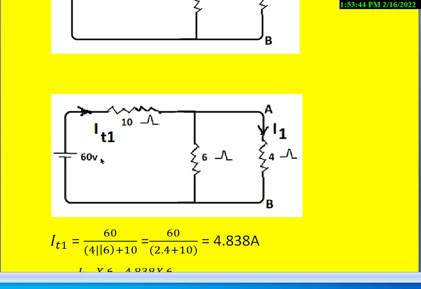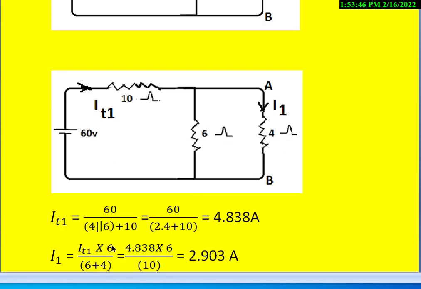That is nothing but 60 divided by 4 in parallel with 6, and that combination is in series with the 10. So once we simplify 4 in parallel with 6, we get 2.4 plus 10. That is equal to 60 divided by 2.4 plus 10. We get 4.838 amperes. This is the total current.